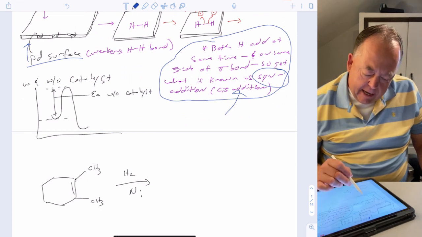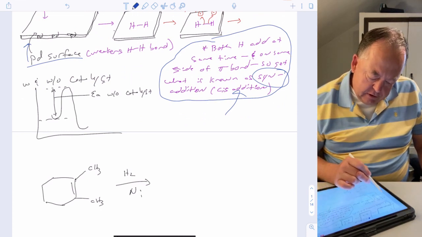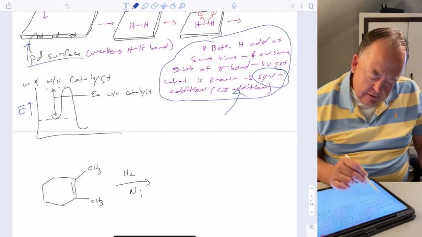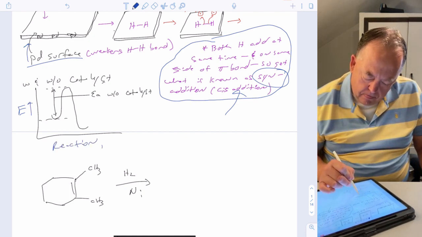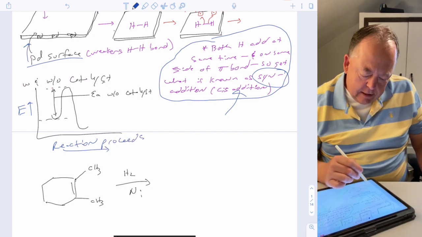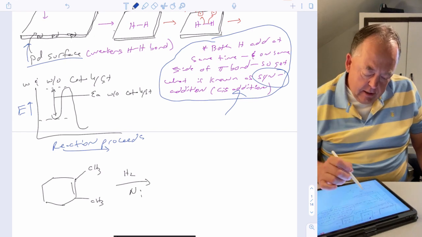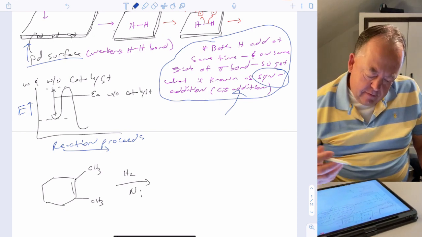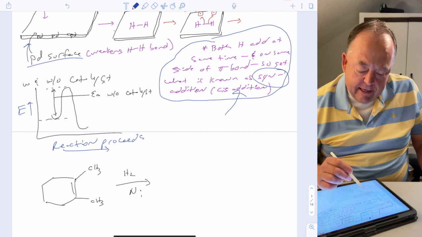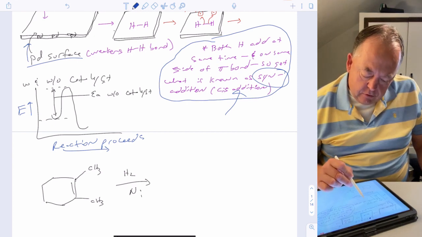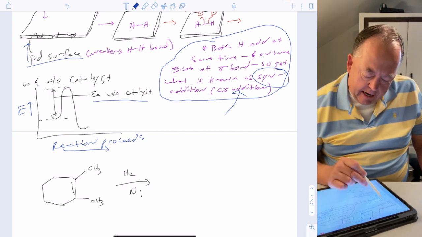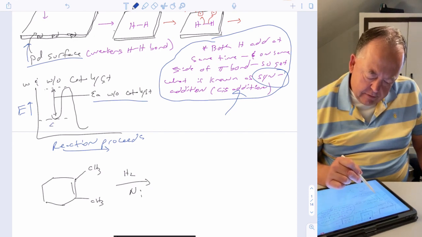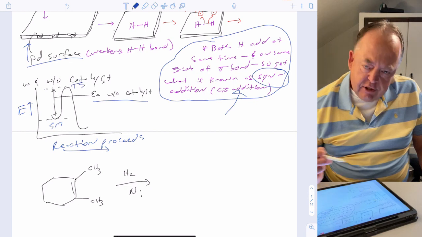Okay, so again, what does a catalyst do? This is an energy profile for the reaction. As the reaction proceeds would be on the horizontal axis, and then on the vertical axis is energy. The line drawn would be, for example, the energy without a catalyst. And if you remember from General Chemistry 2, the rate of that reaction depends on the activation energy, the energy between the starting material and the transition state.